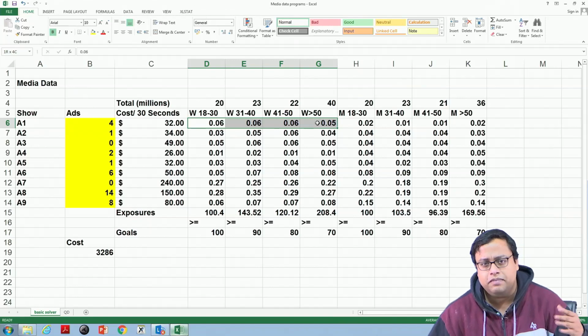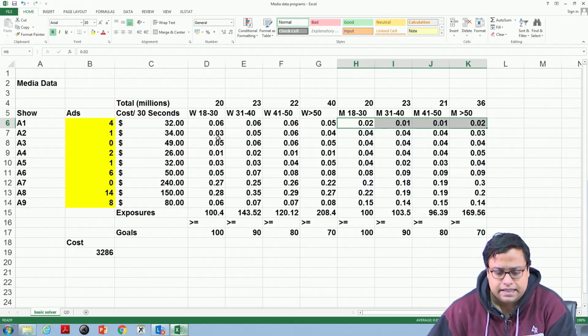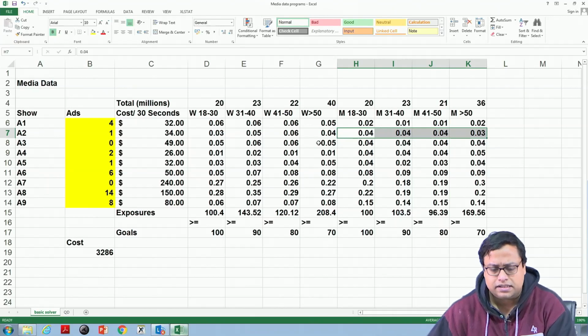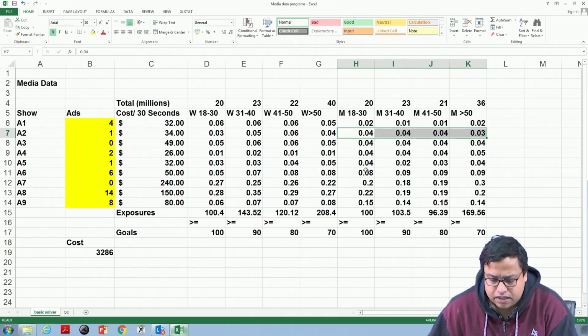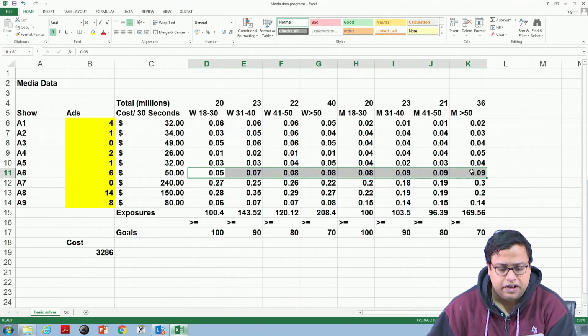On average, females watch 5 to 6%, males watch 1 to 2%. On the other hand, let us say this one is 3, 5, 6, 4 and then 4, 4, 4, 3; in both cases it is more or less the same.